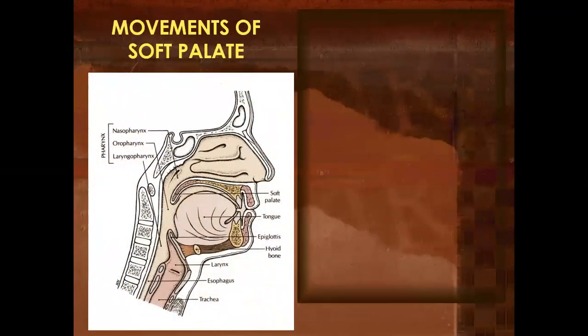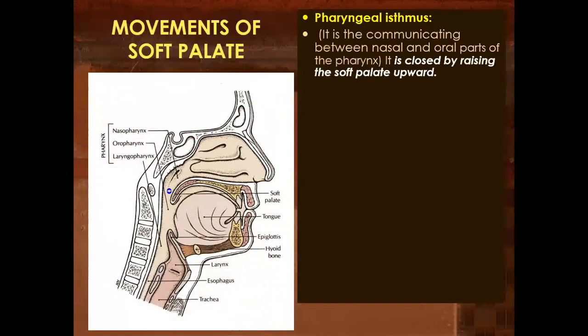Coming to the movement of the soft palate, the pharyngeal isthmus. There is a very important structure in this area called the pharyngeal isthmus, which you can see here. It communicates between the nasal and oral parts of the pharynx.